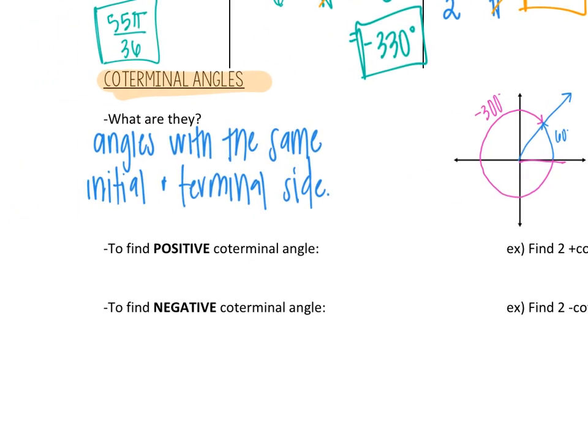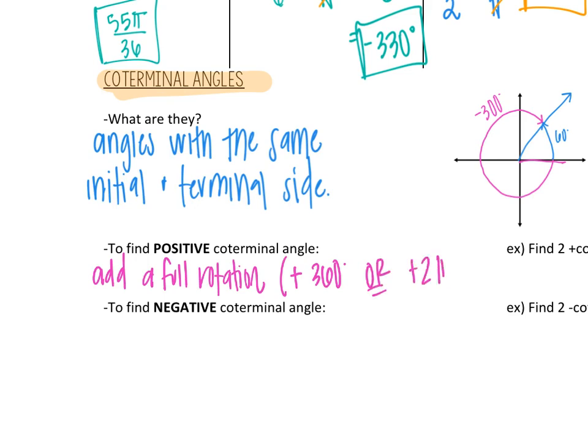To find a positive coterminal angle, you will add a full rotation, meaning you will either add 360 degrees if we're dealing with degrees, or if we're dealing with radians, you'll add 2 pi.